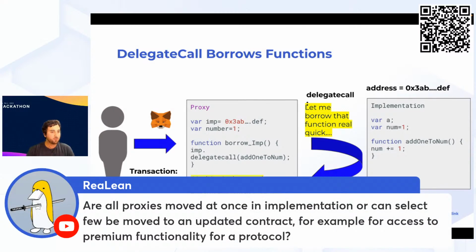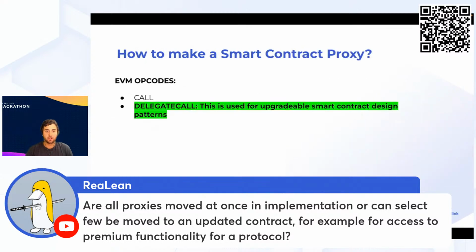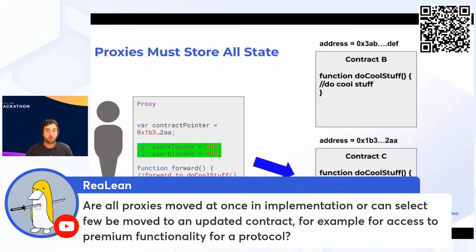Are all proxies moved at once in implementation, or can a select few be moved to an updated contract? For example, for access to premium functionality for a protocol. So in general, if I'm understanding this question correctly, when we're upgrading, it's all at once, right?